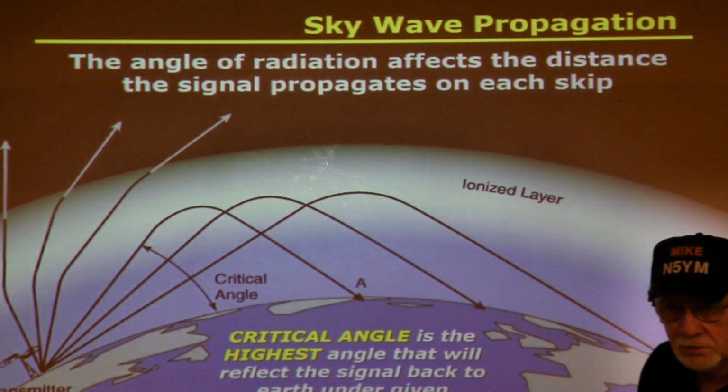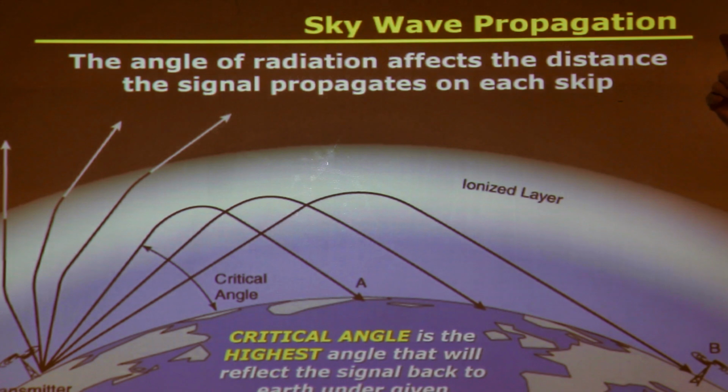Does that make sense? Again, it's geometry. If I throw a ball up here, it's going to drop there. If I throw a ball and hit the ceiling there, it's going to drop back there. But there's a limit to that. It gets to a point where, when your radiation angle is high enough, it's going to blow right through the ionosphere. That's called the critical angle. The critical angle is the highest angle that will reflect the signal back to Earth under given conditions.